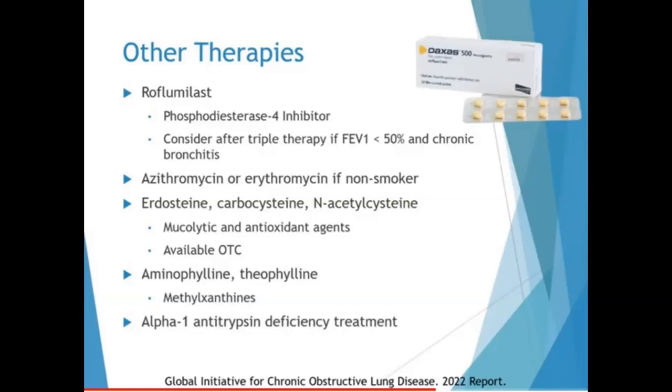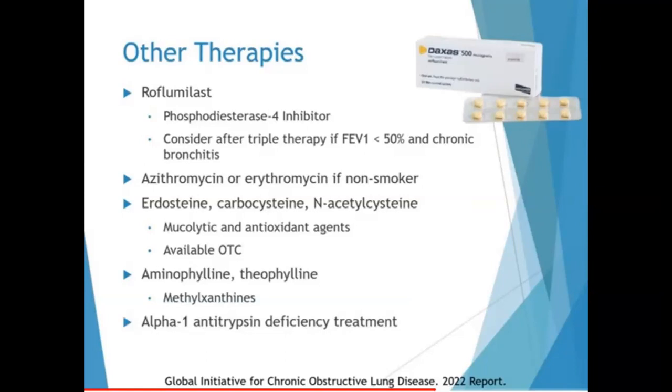There are cases where the 3 stages of treatment using the LAMAs, the LABAs, and the ICS are failing, and you can resort to roflumilast, which will inhibit the phosphodiesterase. So you have more cyclic AMP, which will cause more smooth muscle relaxation at the level of the bronchial tree, and hence help in easing the obstruction.